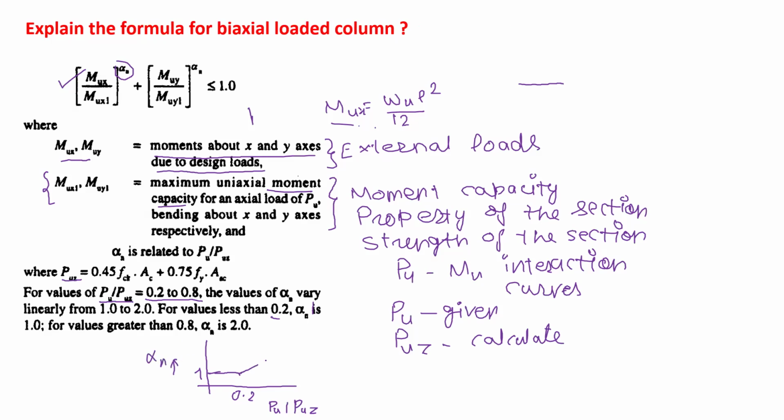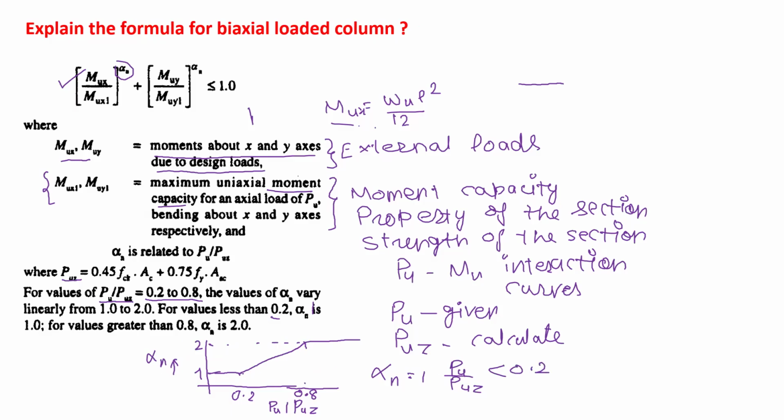Then this value increases and it becomes 2 for PU upon PUZ equal to 0.8, and after 0.8 this value is constant. So if your PU upon PUZ is less than 0.2, then your value of alpha n is 1. Your value should not be less than 1.